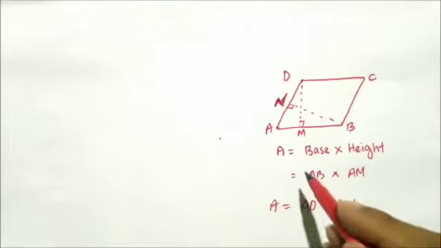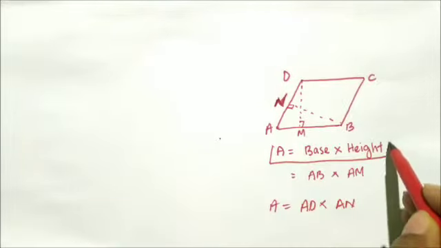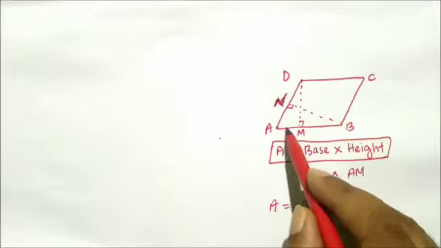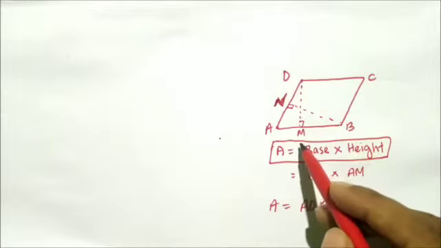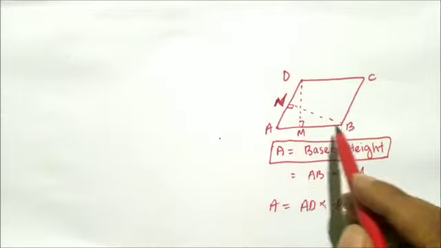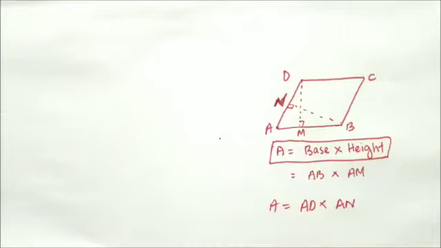The basic formula is base into height: if you take AB as the base, then AM is the perpendicular; if you take AD as the base, then BN is the perpendicular. Sorry, not AN, BN.